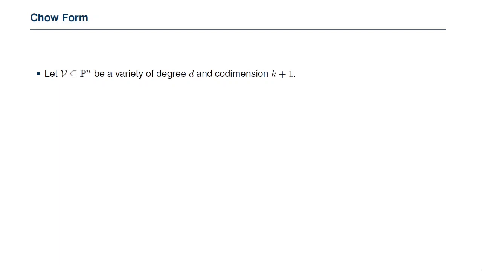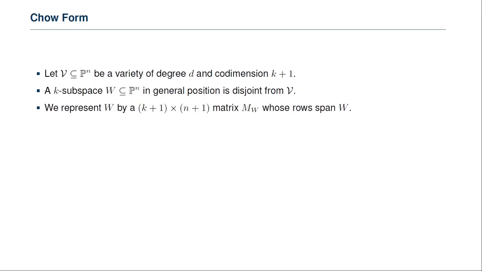Because the codimension of V is greater than k, a k-subspace in general position is disjoint from V. However, there are some bad k-subspaces that would intersect V, and the Chow form of V is a polynomial that defines exactly the set of these bad k-subspaces. More specifically, we represent a k-subspace W by a (k+1) times (n+1) matrix M_W, whose k+1 rows specify the points that span the subspace W.